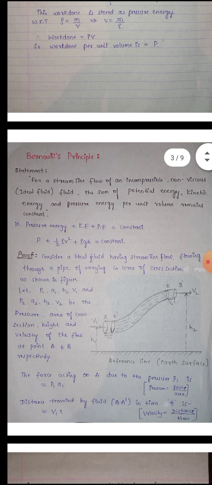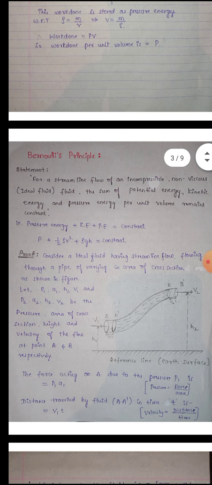We know incompressible. Incompressible means what? On applying an external pressure on any liquid or fluid, if the volume of that fluid remains as it is, then that type of fluid we call an incompressible fluid.